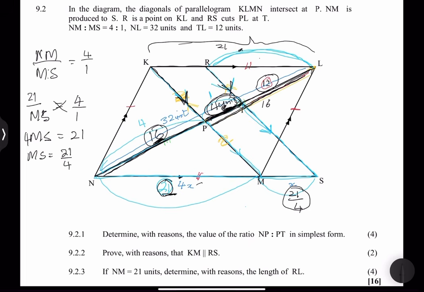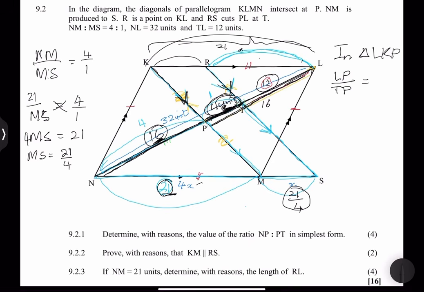So in triangle LKP, right? I know that LP, now note, I'm taking that entire side, LP over PT or TP, right, is equal to, again, that entire side over the smaller side.